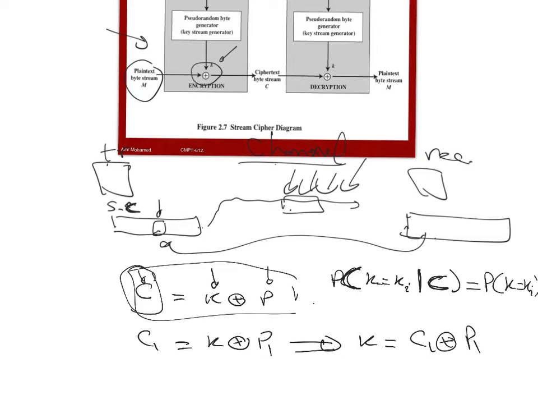Having C only will not give you any information. But having P, only one P, will allow you to break down the communication.